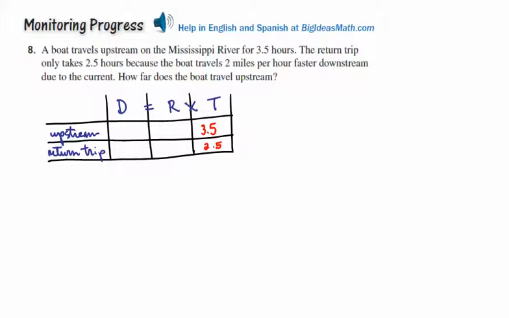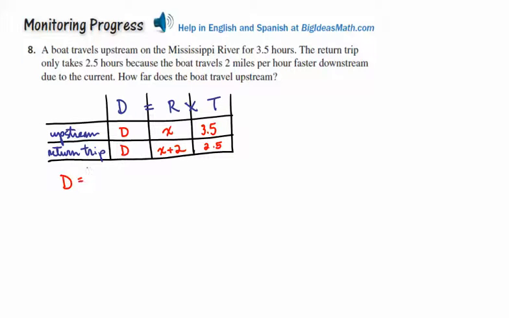The boat travels 2 miles per hour faster downstream. Again, we don't know how fast it's going upstream, but we do know that downstream is 2 miles an hour faster. Once again, we don't know the distance, but we do know that the two distances are equal to each other. And we're ready to set up two equations.